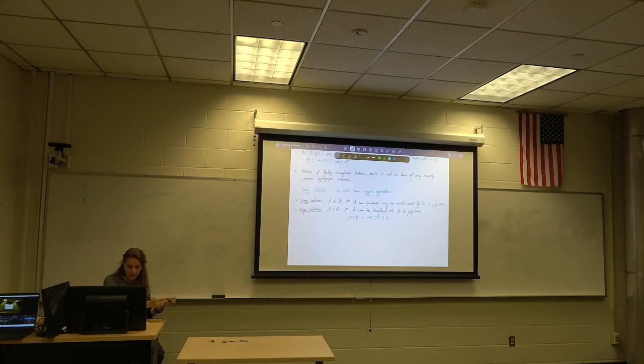So if I take the input to A, transform it under this reduction, I have to get an input for B that will output a yes, right? And the same for no. So that's why this is a much stronger kind of reduction. Does this make sense so far?